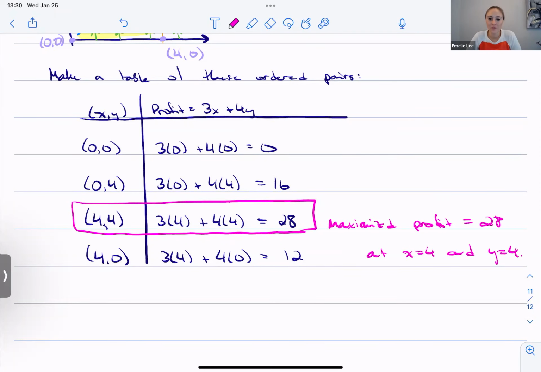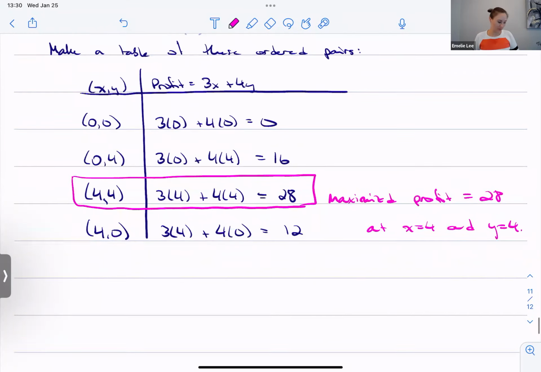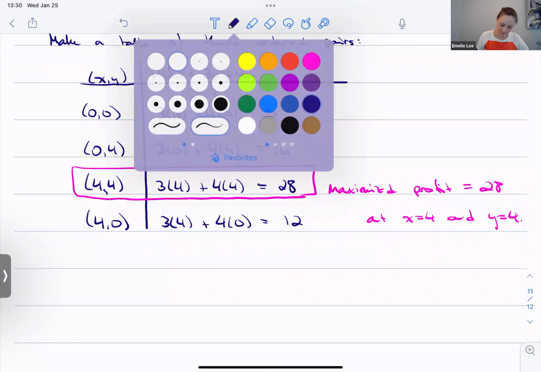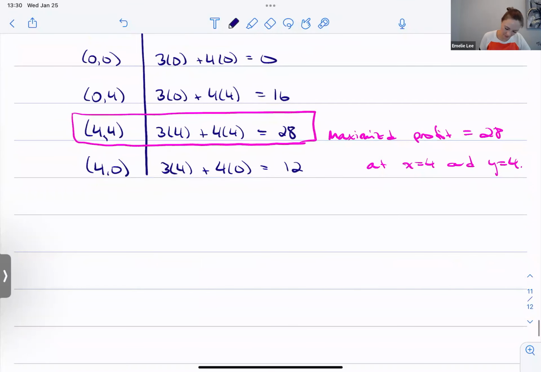Nice. 28 units, it doesn't matter. Just a baby example. Let's do a real example.